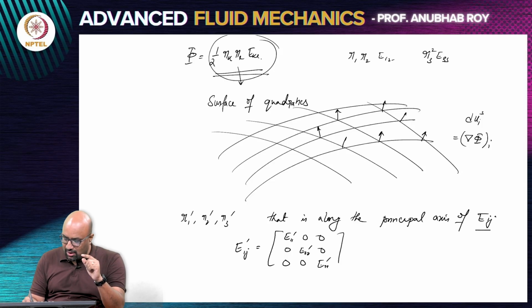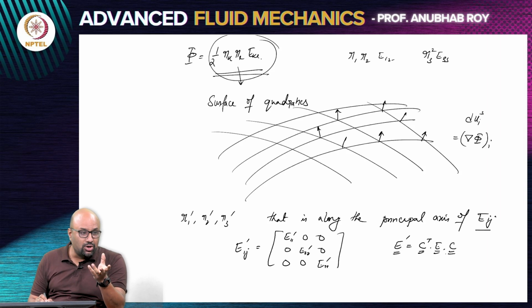So if you align yourself along the principal axis, the order 2 tensor will become diagonal, right? If you remember the transformation rule, the transformation rule was the following, where C was the rotation.